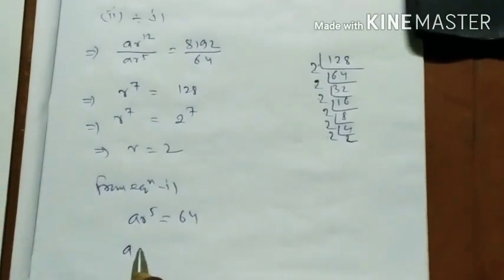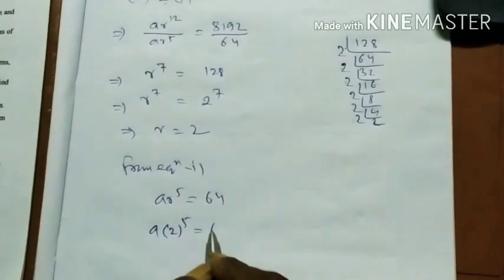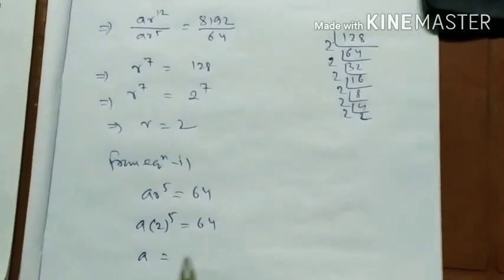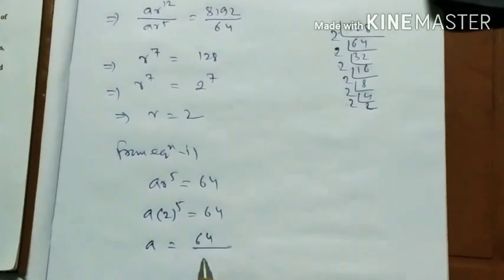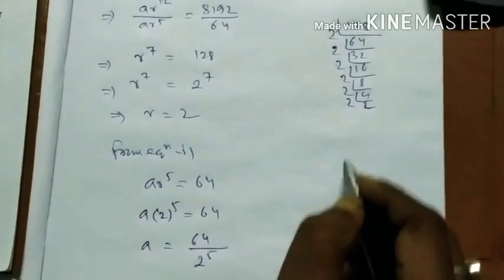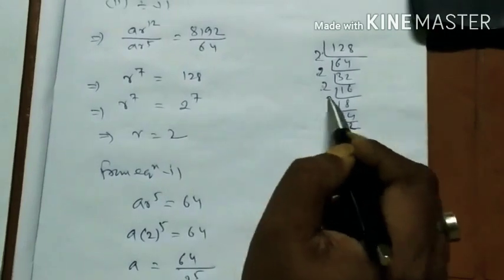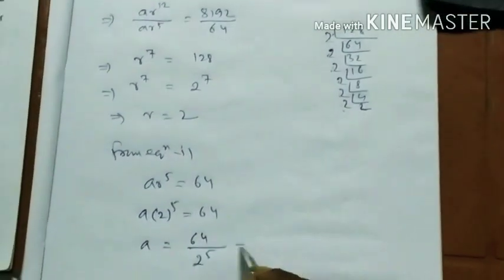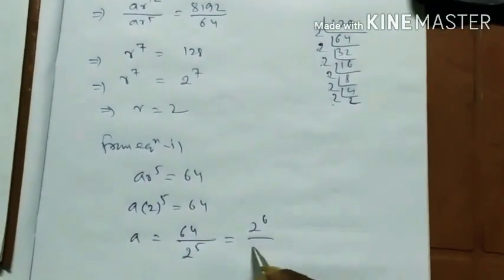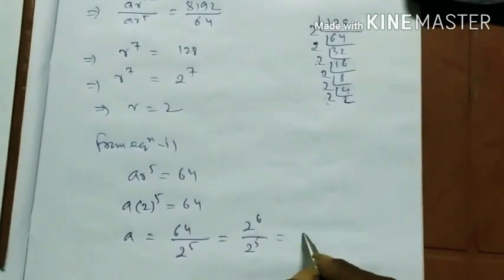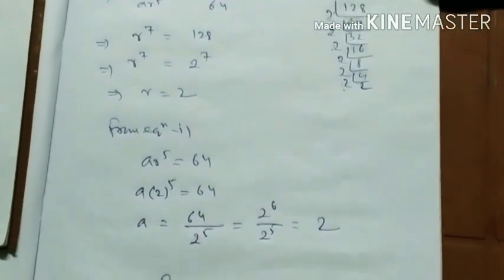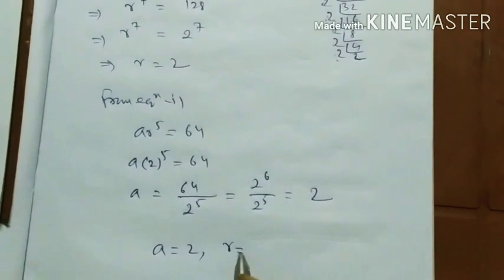Therefore a times 2 to the power of 5 is equal to 64. So a is equal to 64 divided by 2 to the power of 5. The prime factorization of 64 is 2 to the power of 6, 1, 2, 3, 4, 5, 6. So 2 to the power of 6 by 2 to the power of 5, you get 2. So here a is also 2 and r is also 2.